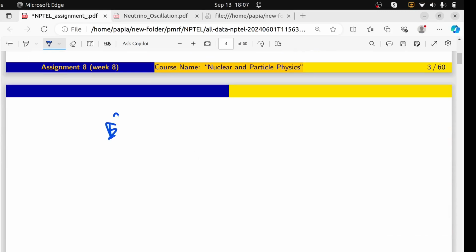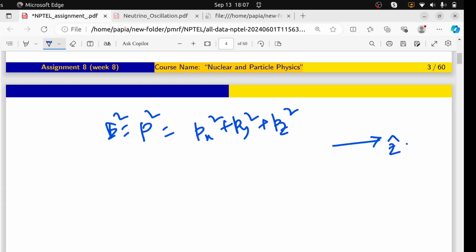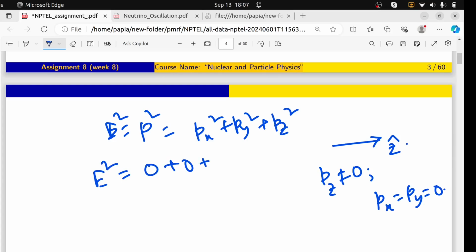Now if I write E square equals P square equals Px square plus Py square plus Pz square, and as the direction of the beam is along the z-axis, Pz is non-zero and Px, Py equal 0. So I can write it like 0 plus 0 plus Pz square, right? So it will be simply E square equals Pz square.